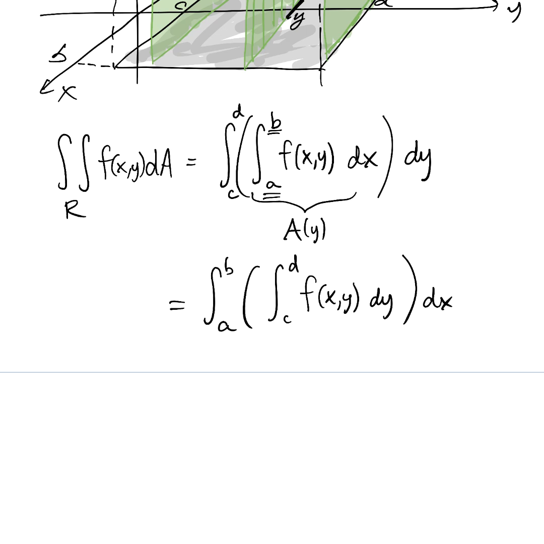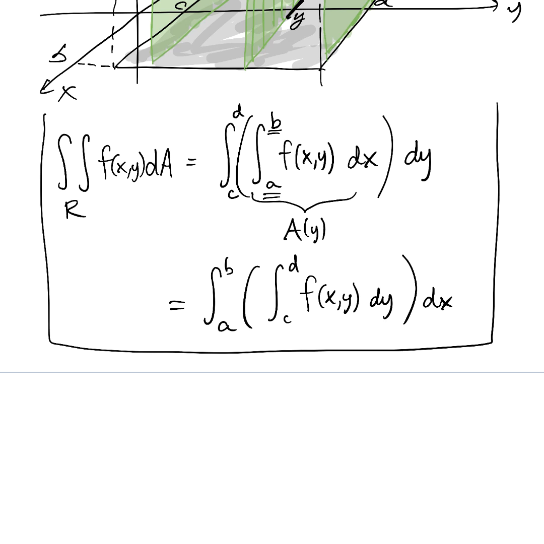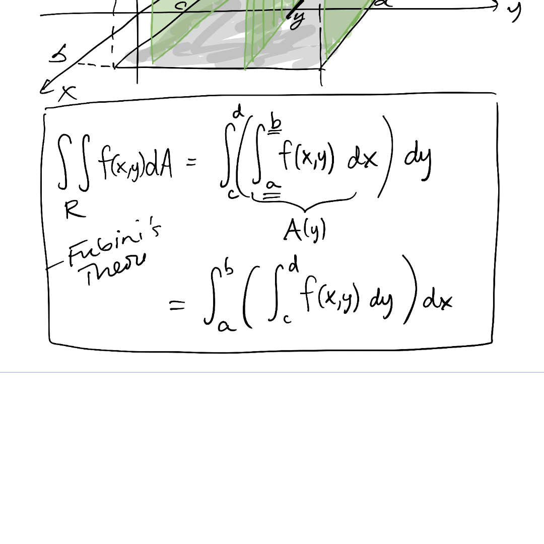So this in the box is essentially this result called Fubini's Theorem. The hypothesis that your book uses for the first version of Fubini's theorem is just that the function is continuous.